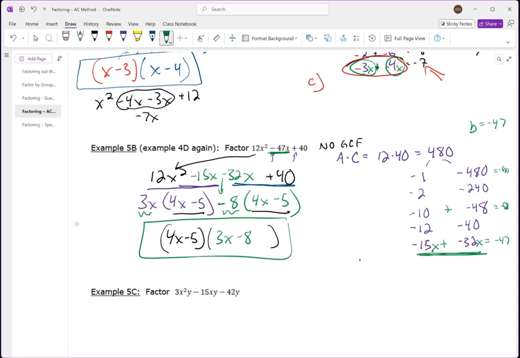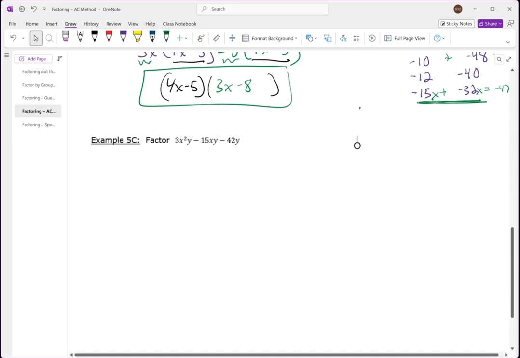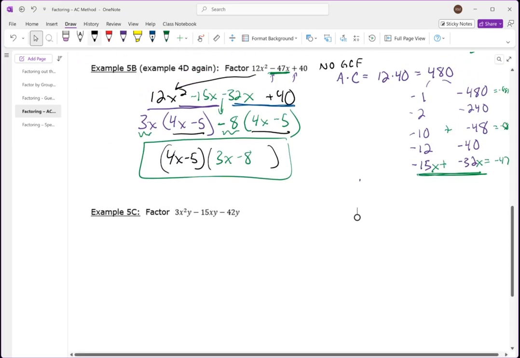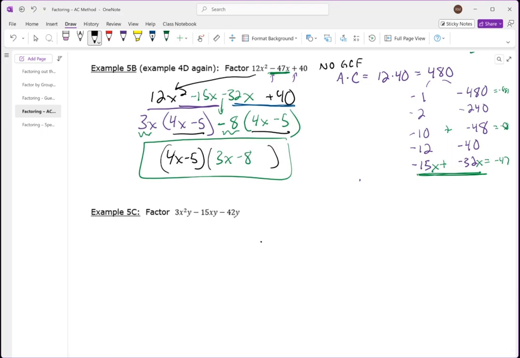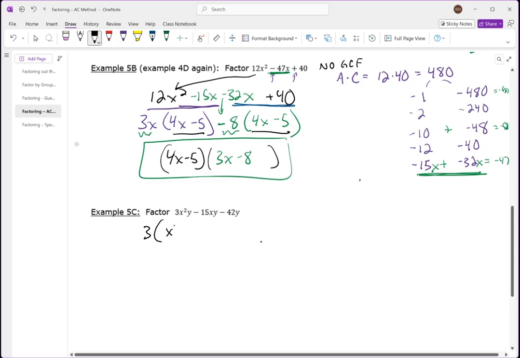So again, let's do this one more time. We want to remember our first job is to factor out anything in common. Now, I think I can factor out a 3. That would be x. Oh, wait. They do all have a y in common.